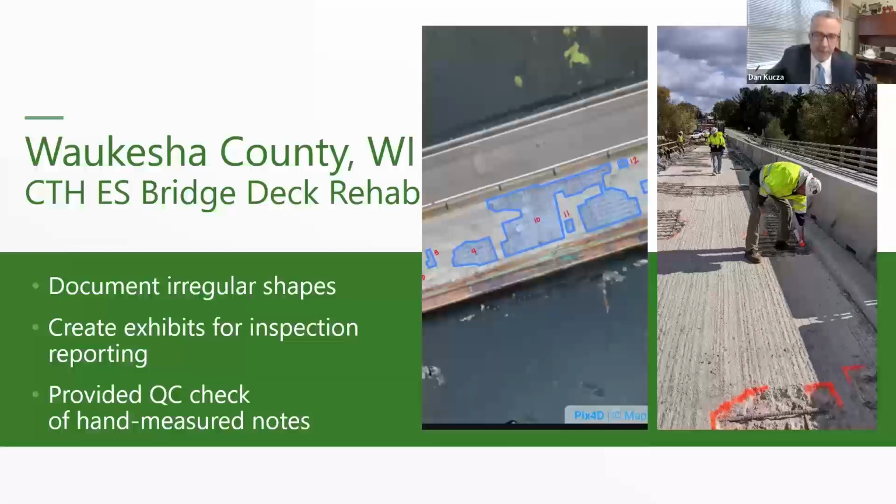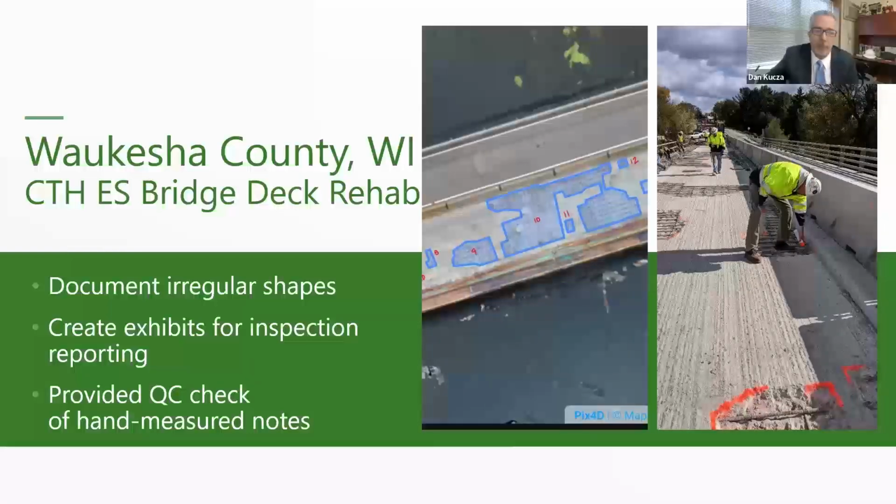The milling machine has gone through there, and then you can see where the concrete broke away from the rebar where it was delaminated. And then we have to measure those shapes. Type 1 versus type 2 is a big cost difference, but we have to look at whether it's below the rebar or above the rebar. So it becomes a very complex measurement.